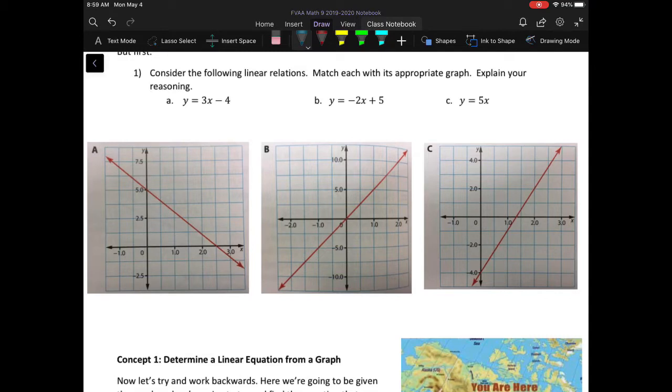So we have our three equations at the top here. y is equal to 3x minus 4, y is equal to negative 2x plus 5, and y is equal to 5x.